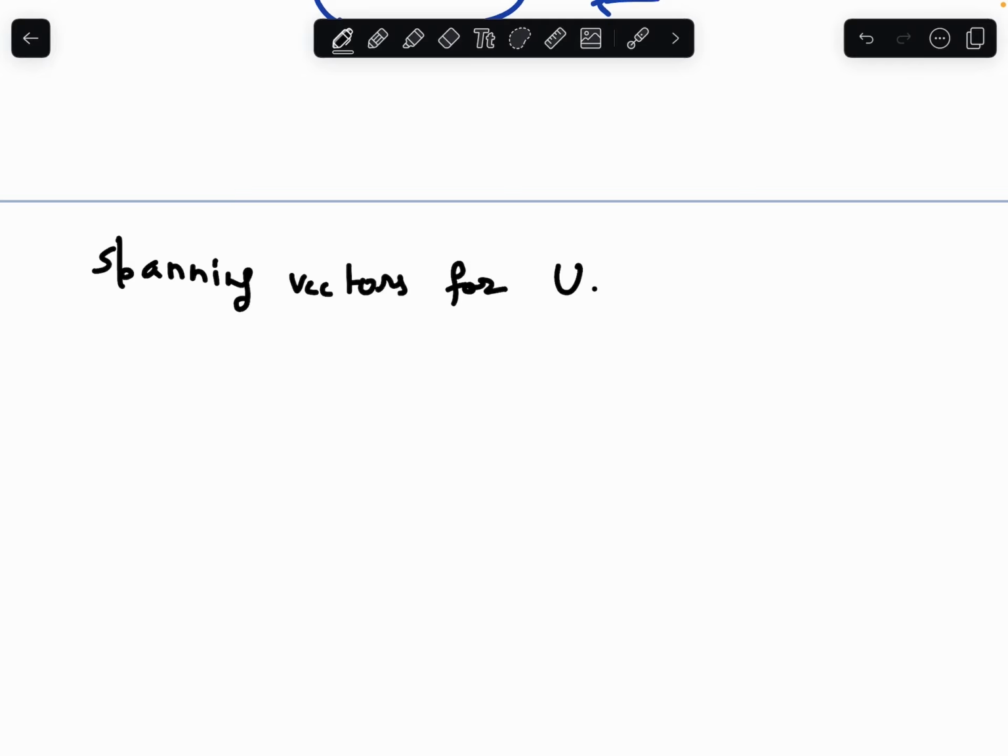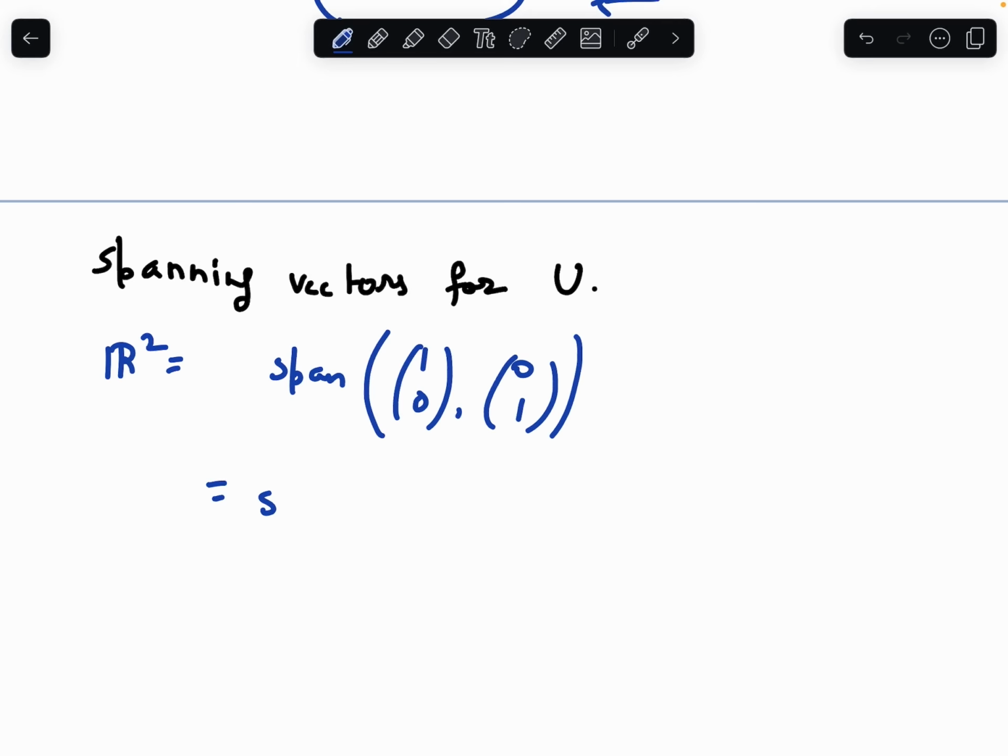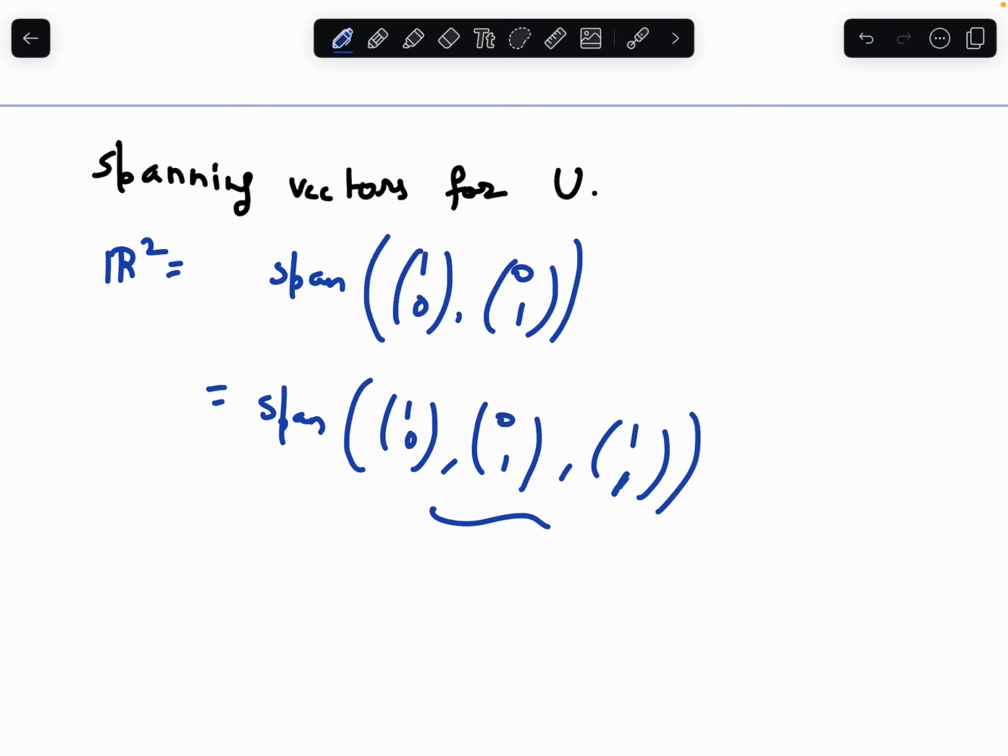Now, spanning vectors can be linearly dependent or independent, right? For example, look at this. R2 equals the span of (1,0), (0,1). This is the same as the span of (1,0), (0,1), (1,1), using the result from before.